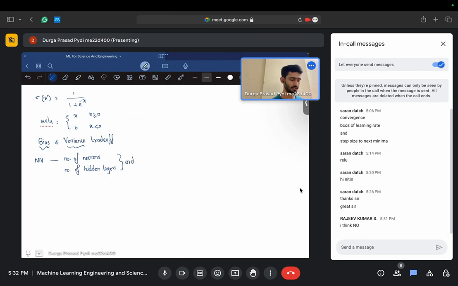By architecture, I mean the way neurons are connected. These are one category. The second category is I can change the neuron itself. Essentially, I'll change the activation function.